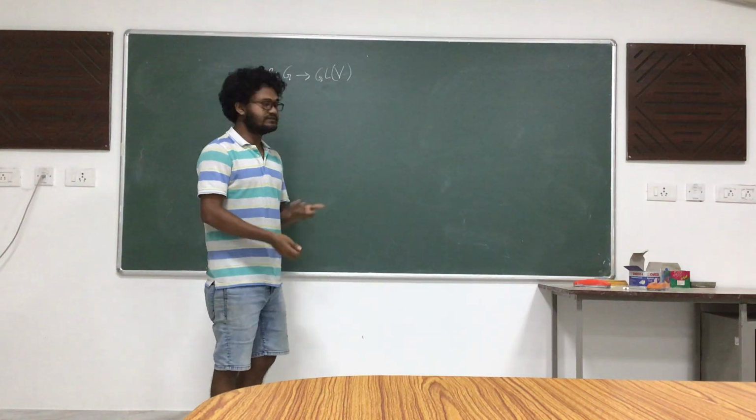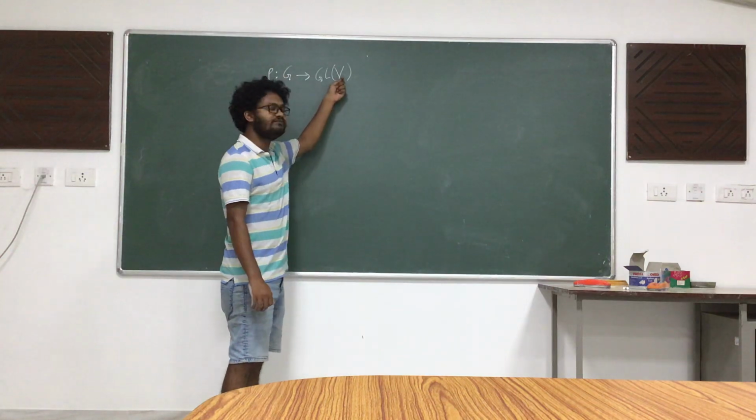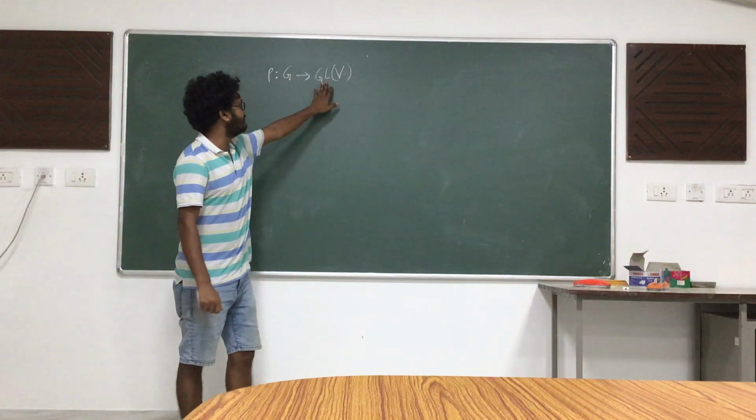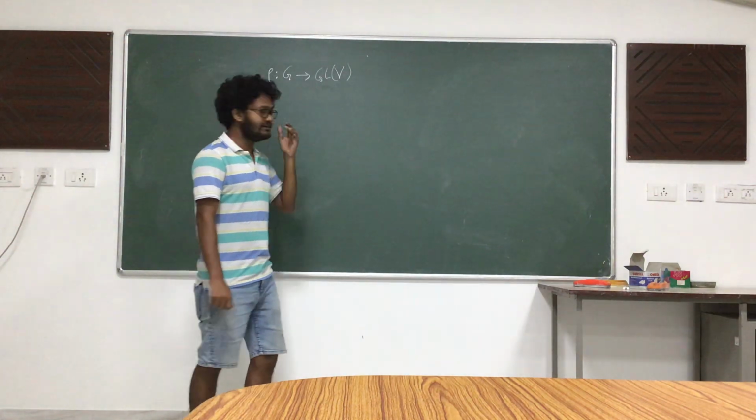If it is over the real field, it is GL n R, and if it is over the complex field, it is GL n C.